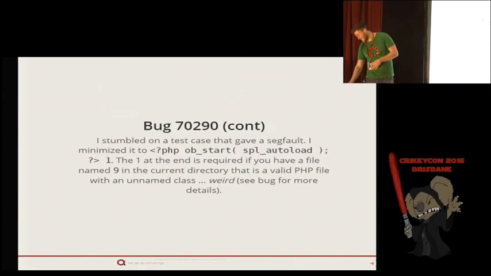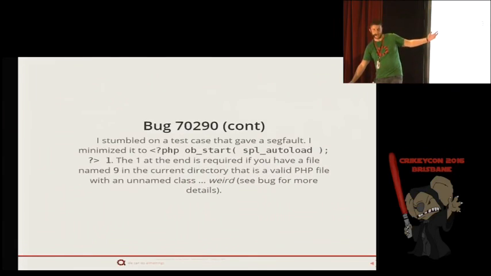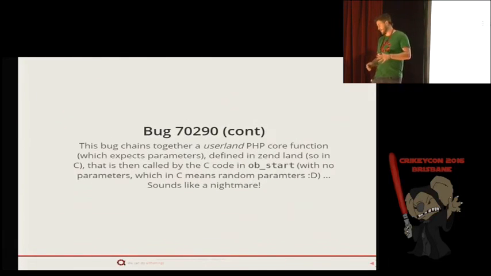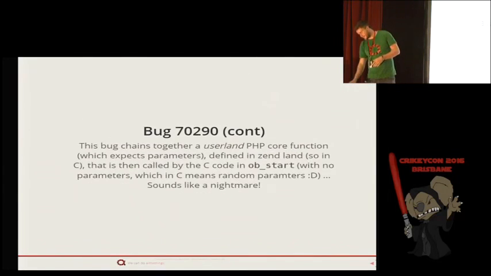I'll tell you why. So the problem with this bug, it was chaining together the userland function of ob_start with the C-level function of spl_autoload. For those that don't know PHP, which is probably most people, spl_autoload is a function that you normally call with arguments that will look for directories to load class files when you don't actually include them in your project.